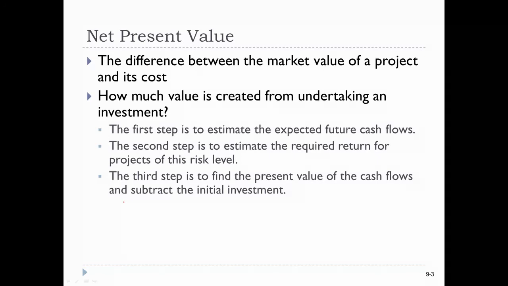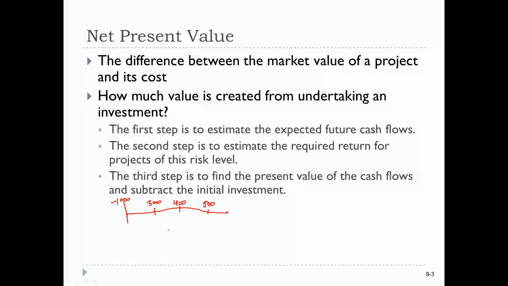We can imagine an investment project in terms of its cash flows on a timeline. I'll just draw a simple one here. Say we invest $1,000 into some piece of equipment, and we expect that it'll generate benefits amounting to 300, 400, and 500 over the next 3 years. Is it a good investment or is it not?